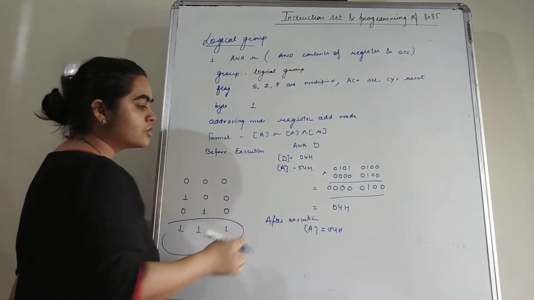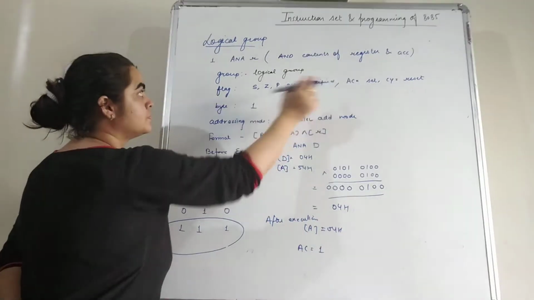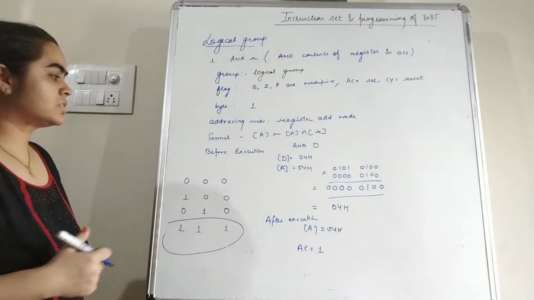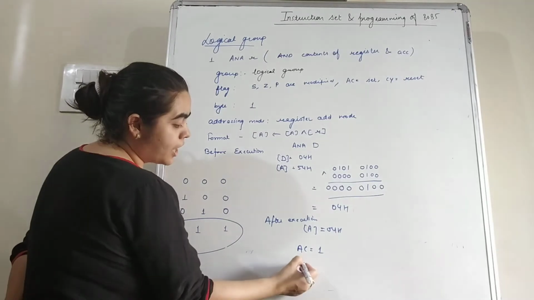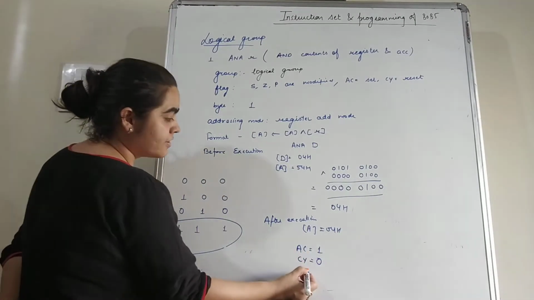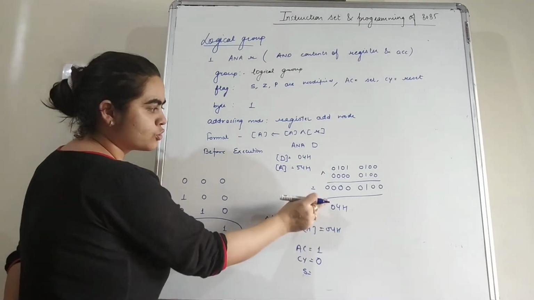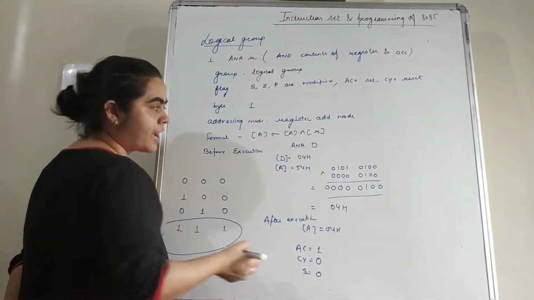04H, and according to this result, AC we can set, because AC is always set after the execution of the instruction ANA R, and the carry flag is always reset. For the sign flag we look at the result 04. In the MSB we have 0, so the sign flag is 0.